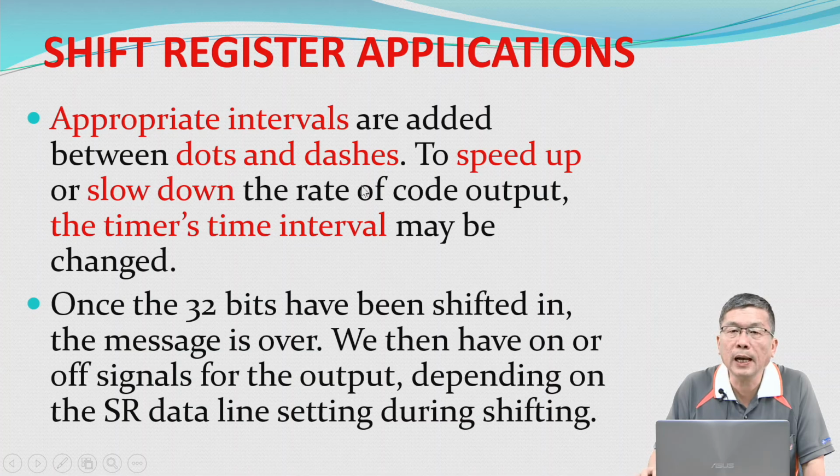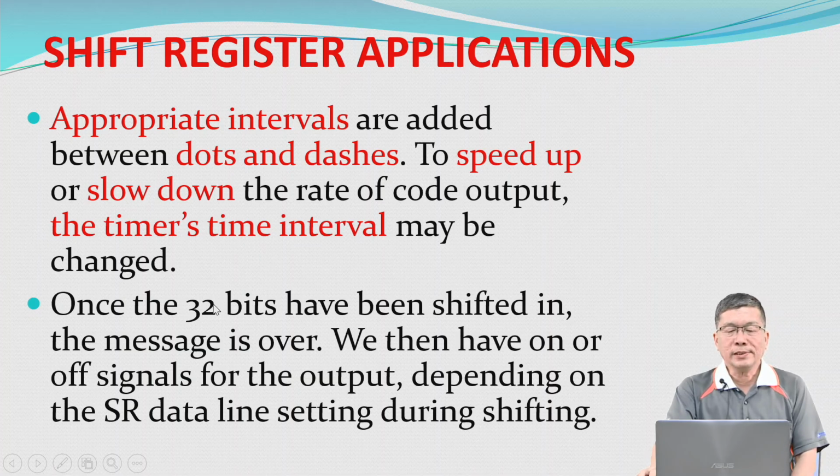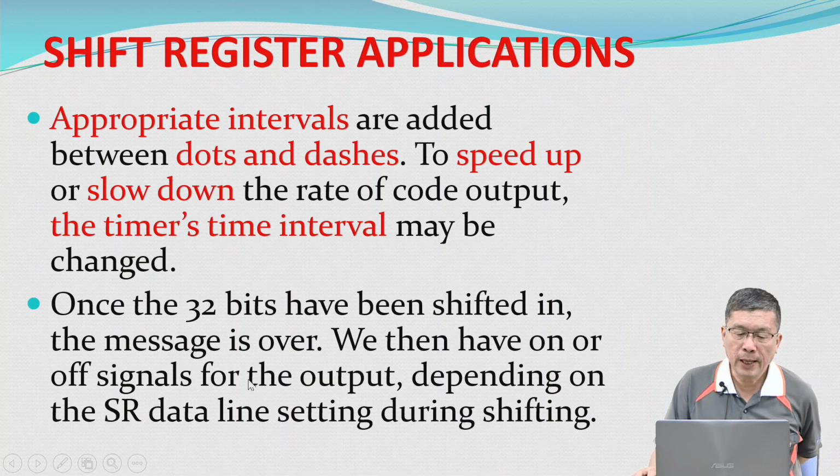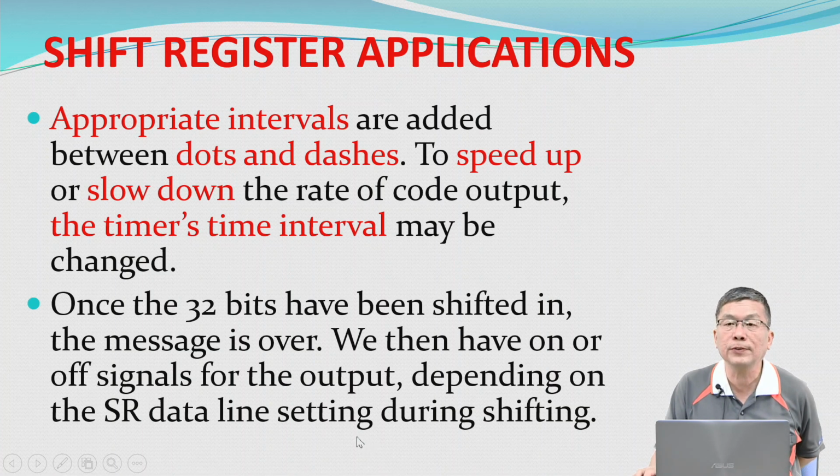To speed up or slow down the rate of code output, the timer time interval may be changed. Once the 32 bits have been shifted in, the message is over. We then have an on or off signal for the output, depending on the SR data line setting during shifting.